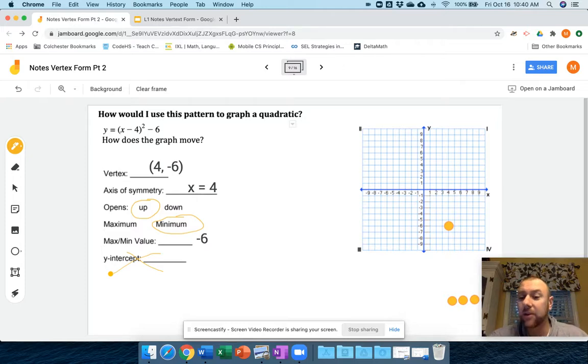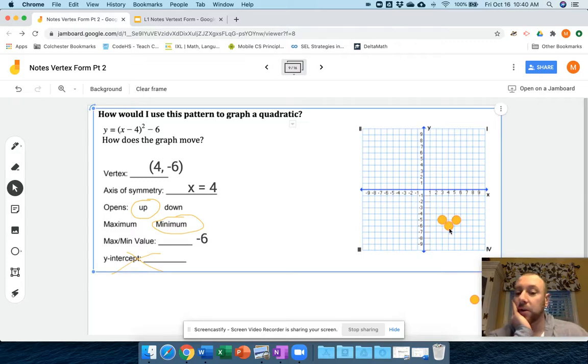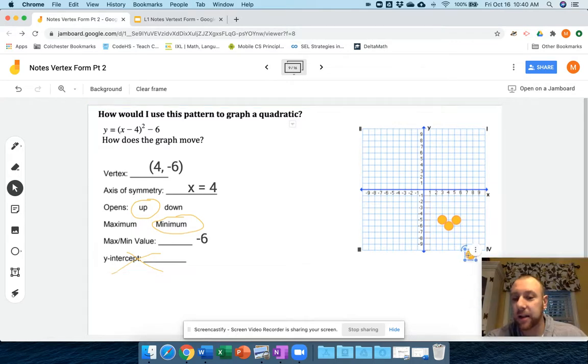So how does that 1, 3, 5 pattern help us plot the rest of these points? When I go over by 1, I know my next point is going to go up by 1. So I can plot those. Now, if I go over another one, my next point is actually going to go up by 3 because it's not that consistent linear function.